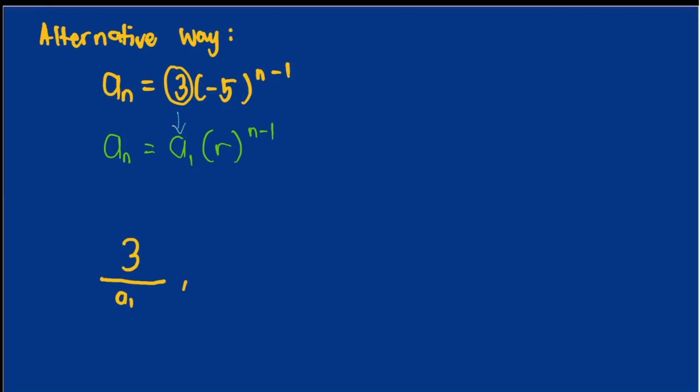Ngayon, to get a sub 2, tsaka a sub 3, and a sub 4, meron na rin given na common ratio. So, ano yung common ratio natin dyan? The common ratio is negative 5. Diba sinabi natin based on the definition of a geometric sequence, to get the next term, we should multiply the common ratio by the preceding term. So, i-multiply lang natin yung common ratio dun sa naunang term.